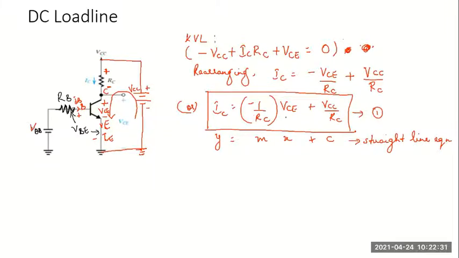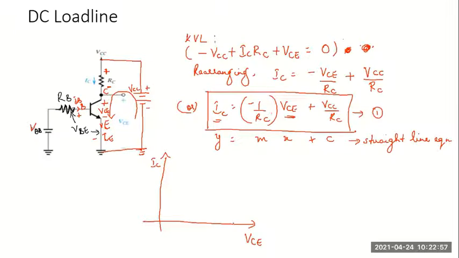The x-axis is your collector emitter voltage, the y value is your IC. So this straight line should be located on the output characteristics. So let me draw the output characteristics, VCE versus IC.